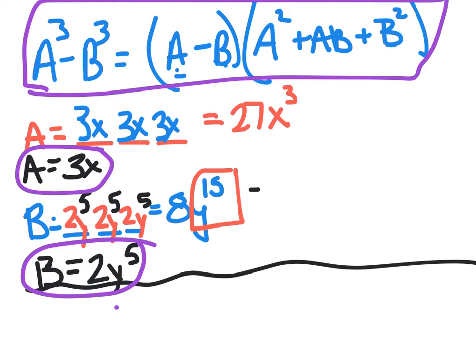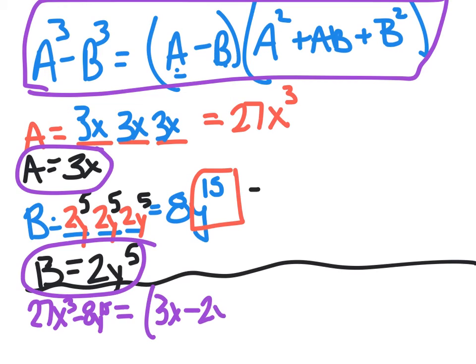So I'm going to say this, 27x cubed minus 8y to the 15th, equals, so a minus b, so that's 3x minus 2y to the 5th times, okay, so I'm going to use my bracket and substitute with parentheses.